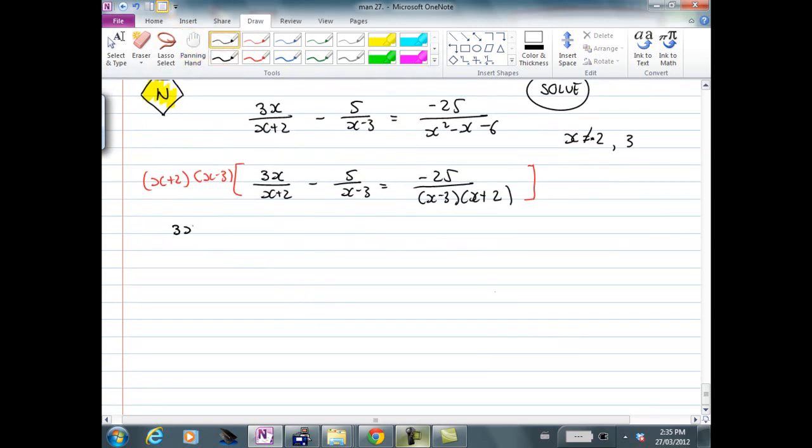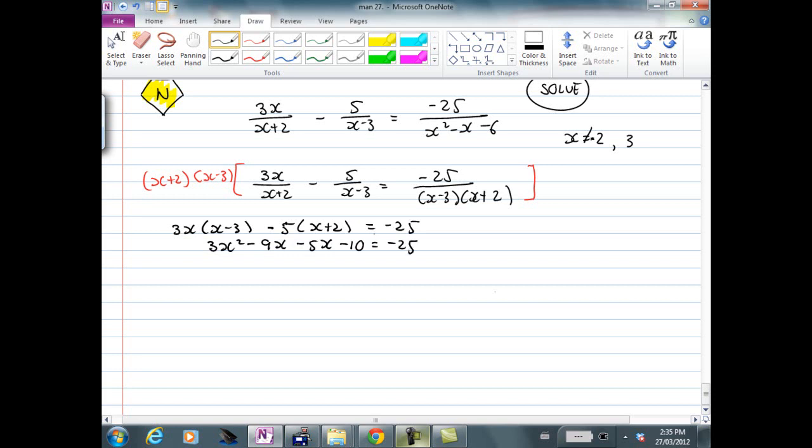I should have 3x times x minus 3 minus 5 times x plus 2. And over here, just negative 25. Nothing too bad still. I'm going to expand. Gives me 3x squared minus 9x minus 5x minus 10 equals negative 25.